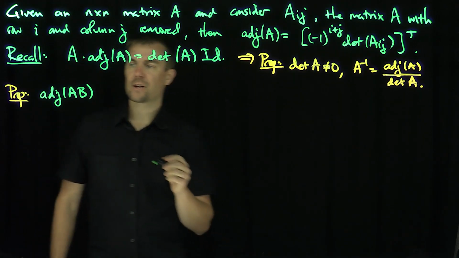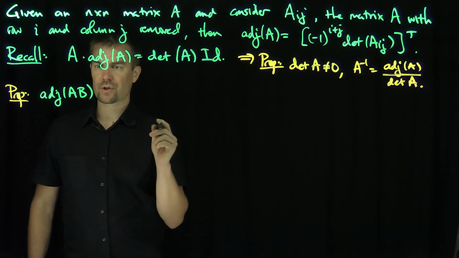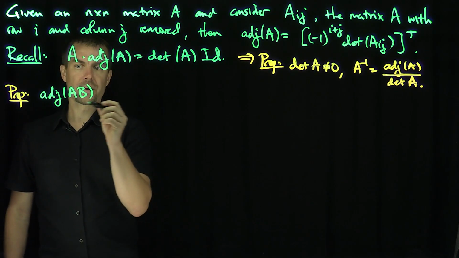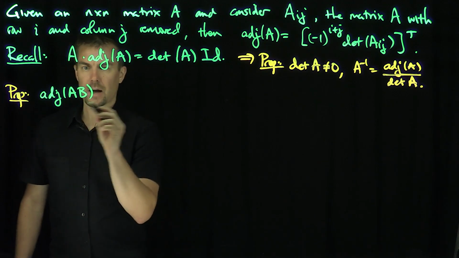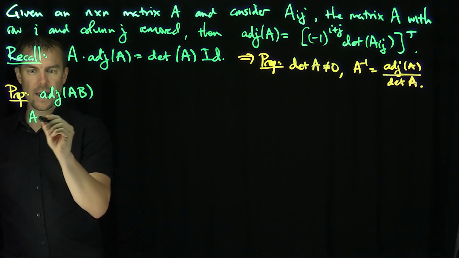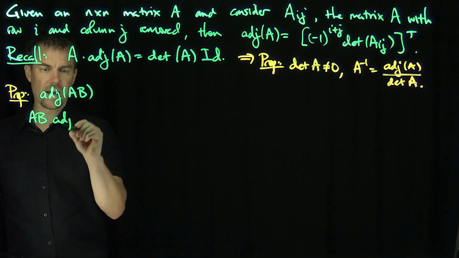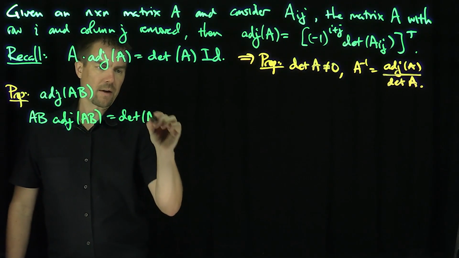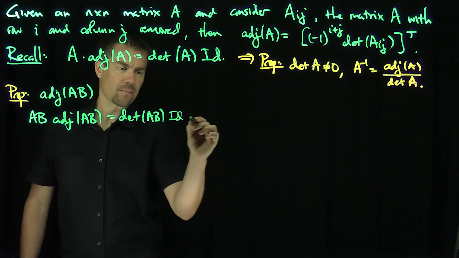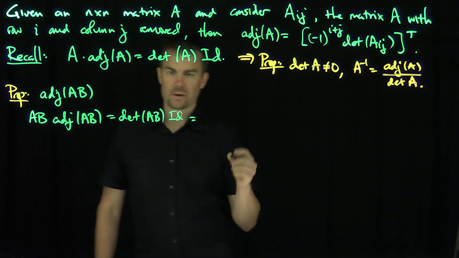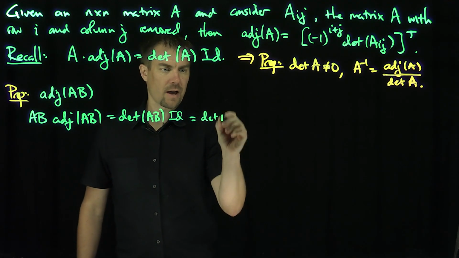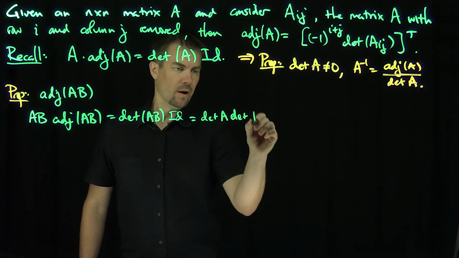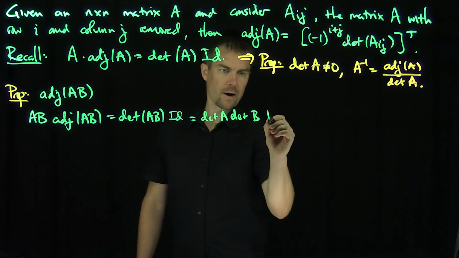I claim the adjugate of AB is the adjugate of B times the adjugate of A. Let's figure this out. I can consider A times B times the adjugate of AB. That's going to be the determinant of AB times the identity, which is the determinant of A times the determinant of B times the identity, right?